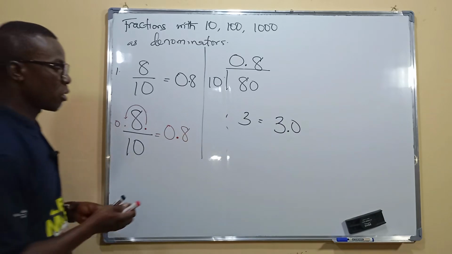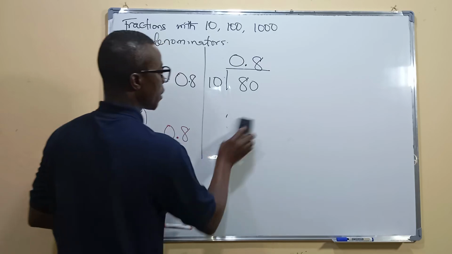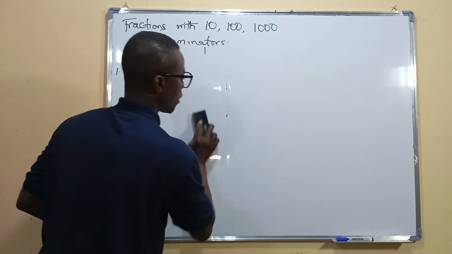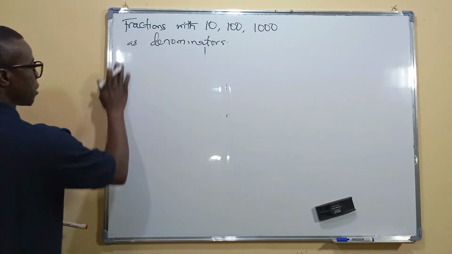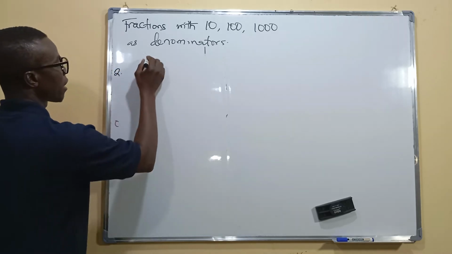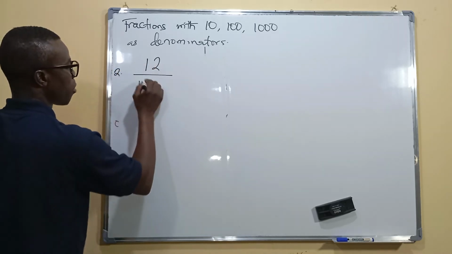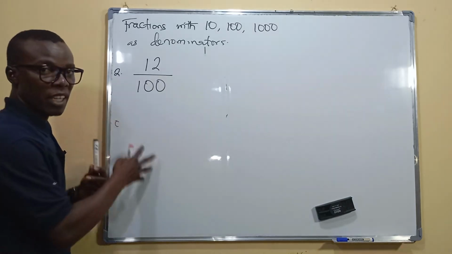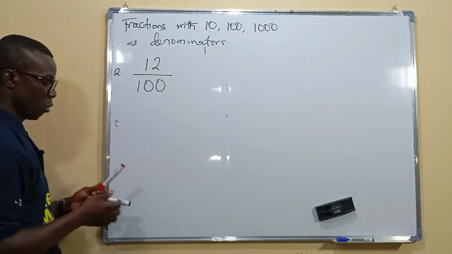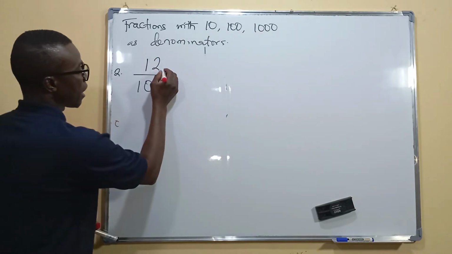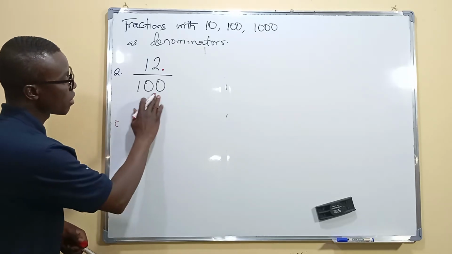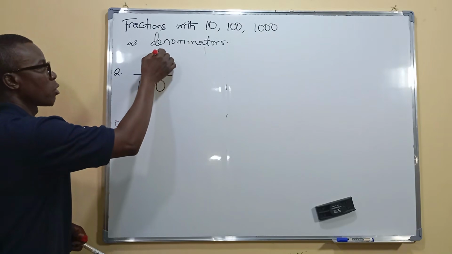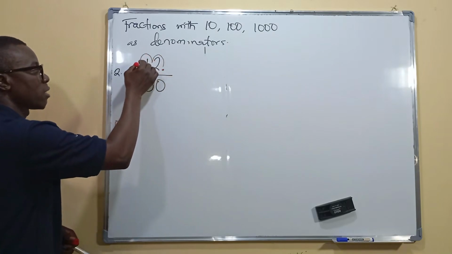I'm still going to take another example. Let's say we have the second one: 12 divided by 100, and we are to convert this to a decimal. So I'm going to say this is 12, and then there's a point here. How many zeros do I have in 100? That's 2. So I'm going to move 2 steps, 1 and 2.